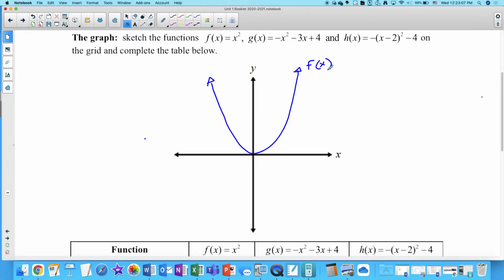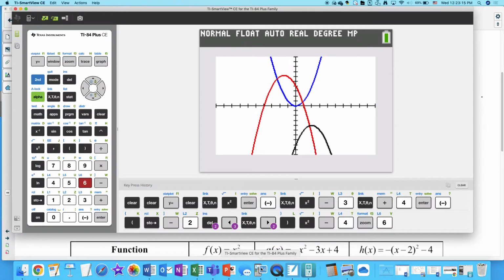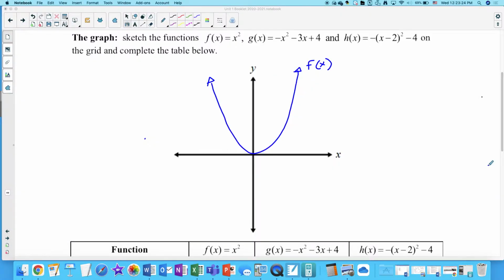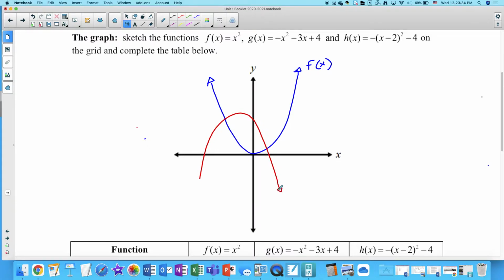And then we've got y equals negative x squared minus 3x plus 4. And that was the red one. So that's this guy over here. So I'm going to graph that as well in red. And that is g of x.